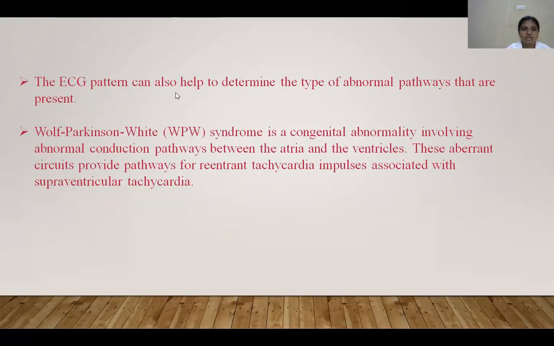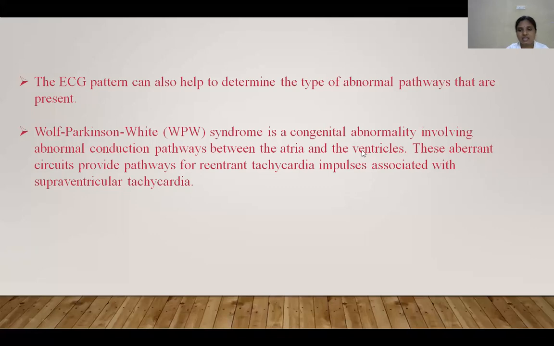The ECG pattern can also determine the types of abnormal pathways, meaning the disorder may lie at any level: SA node, AV node, or AV bundle. Then one more thing, Wolff-Parkinson-White syndrome.